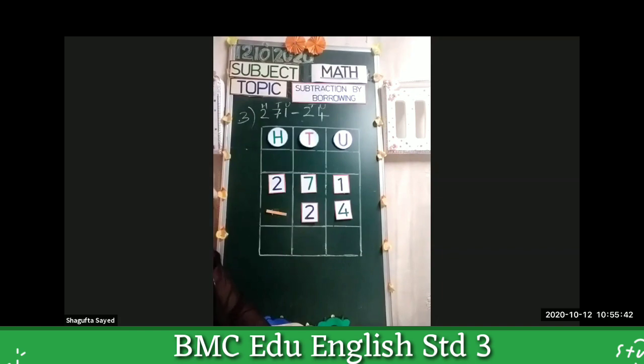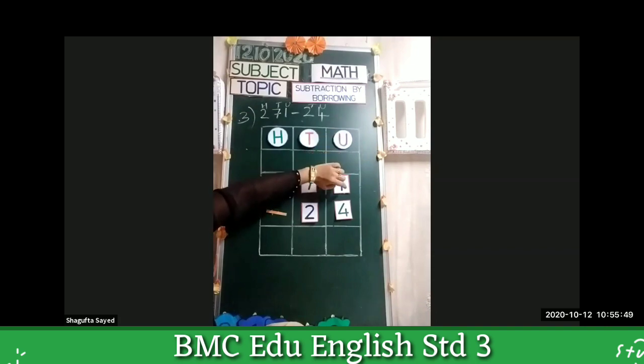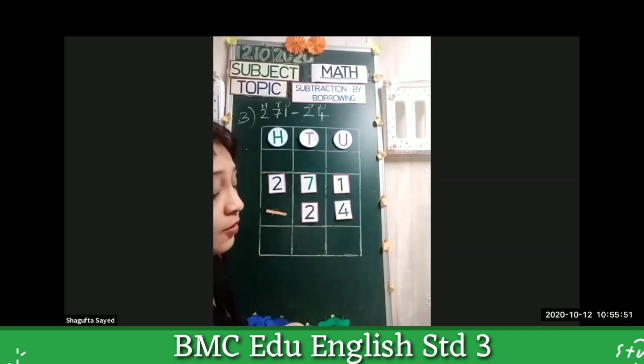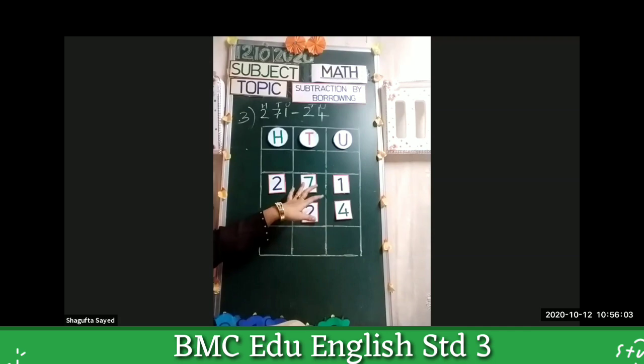No, why? Because every time before solving the sum, we have to solve from the unit side only. Now, on the unit side, can we minus 4 from 1? No, then what do we have to do? Absolutely correct.